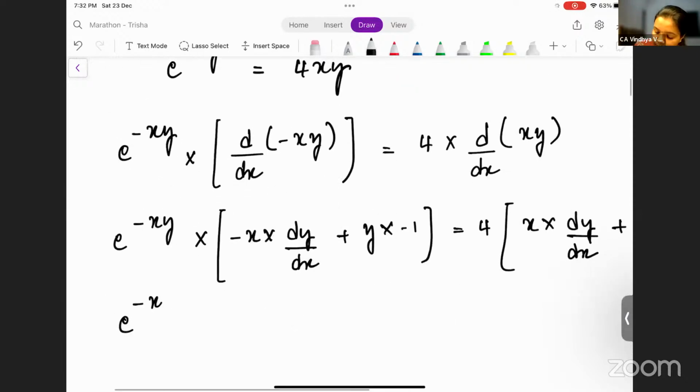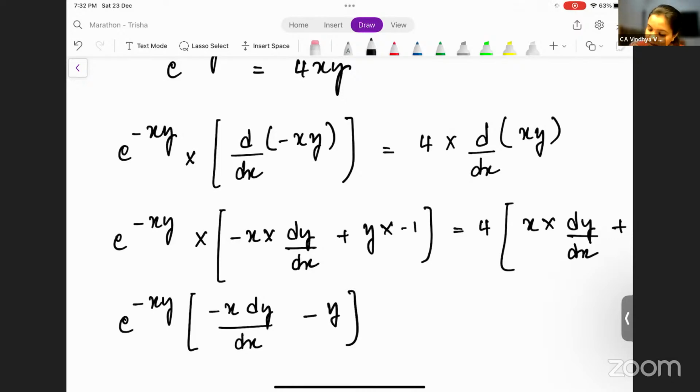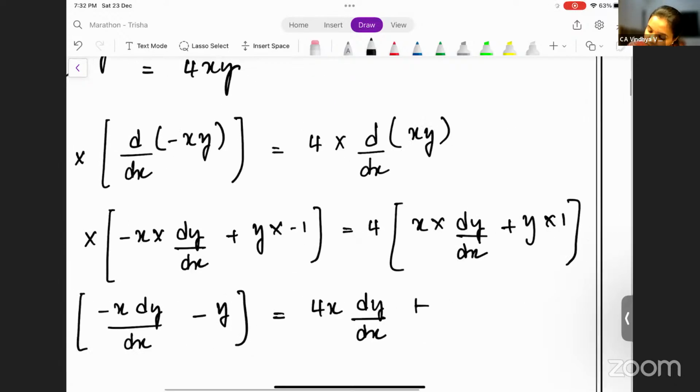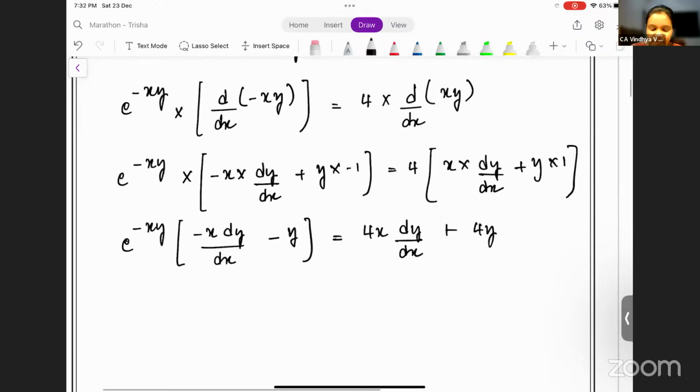So what do you get? e to the power minus xy into minus x dy by dx minus y is equal to 4x dy by dx plus 4y. Now open the brackets first.